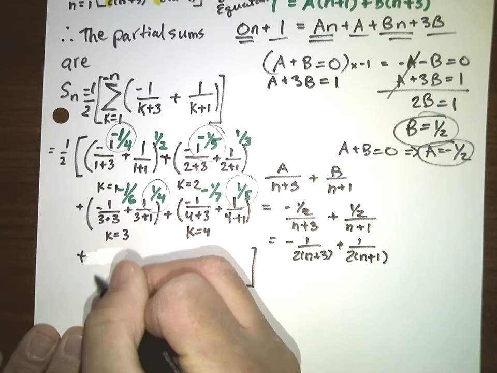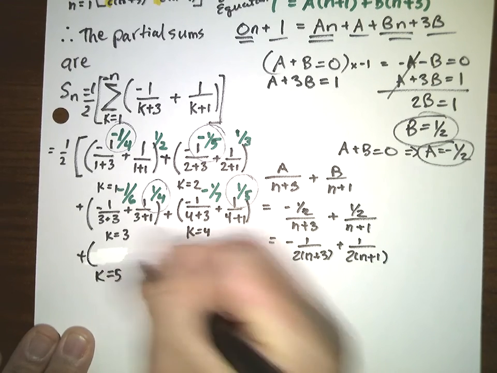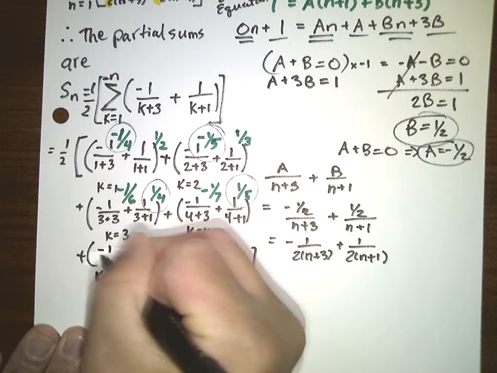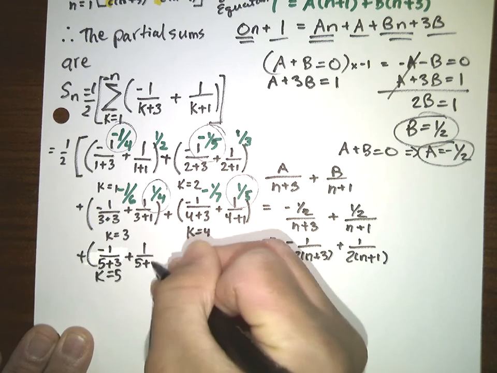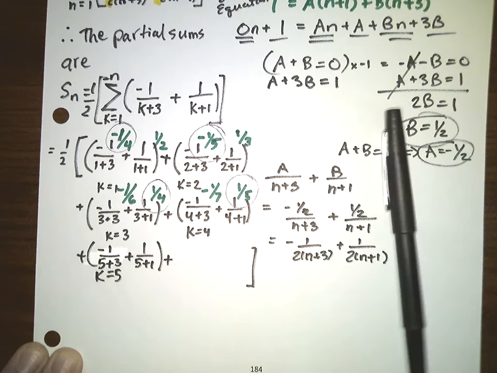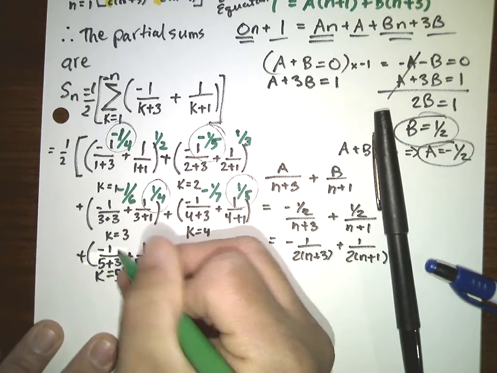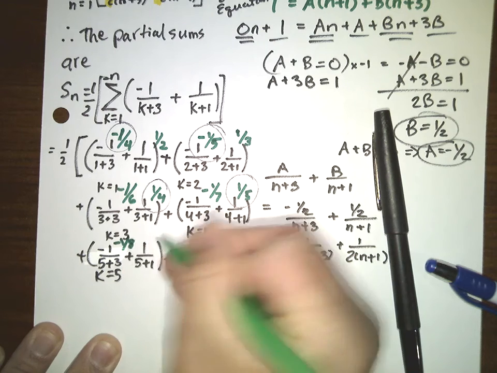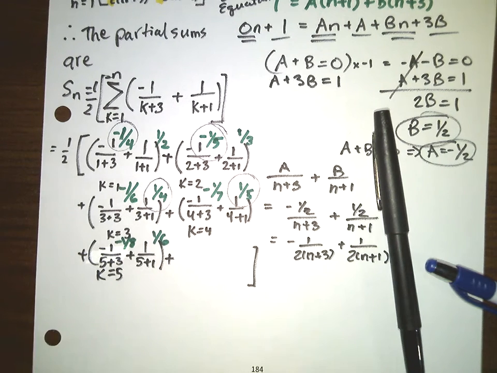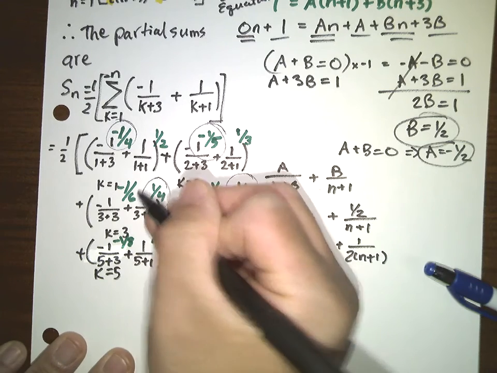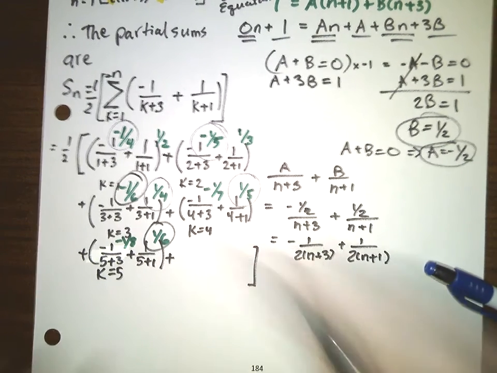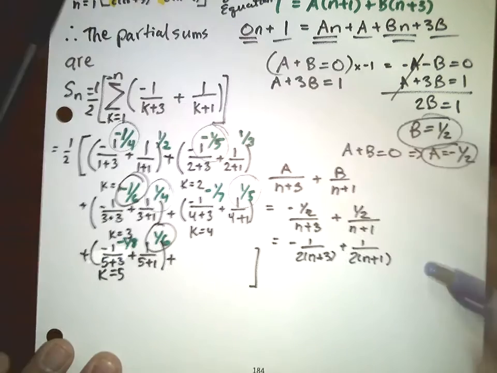But anyway, so if k is equal to 5, I have -1 over 5 plus 3 plus 1 over 5 plus 1. So then that will be -1/8 and 1/6. So then the 1/6 terms cancel out.